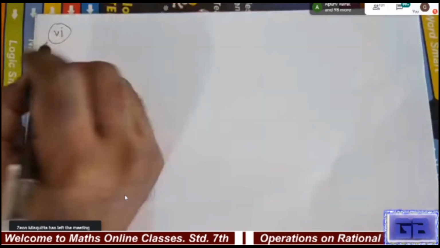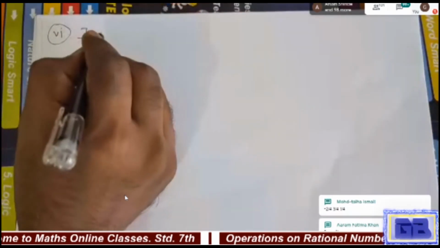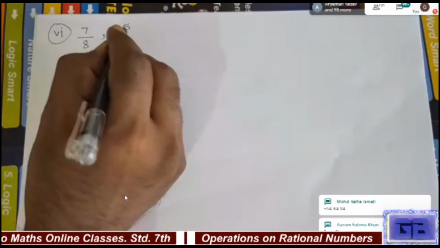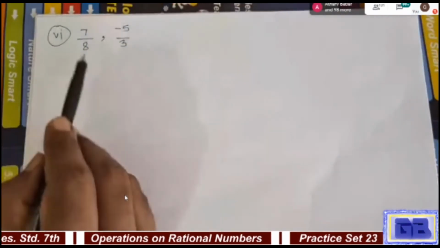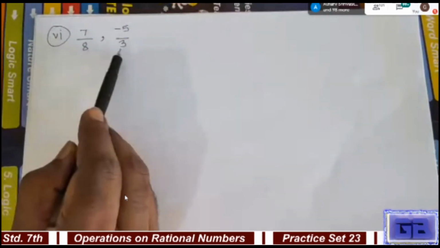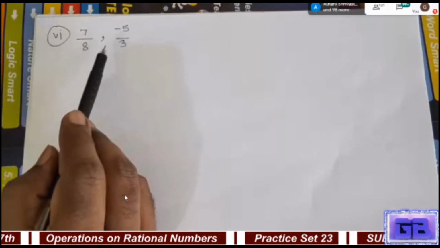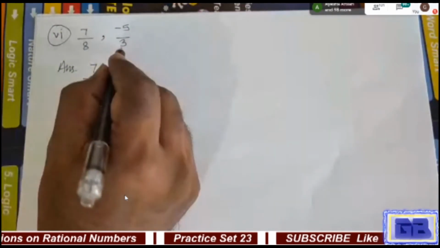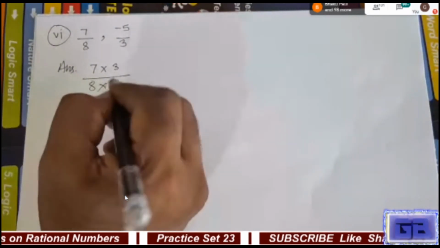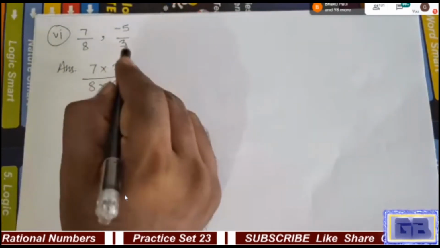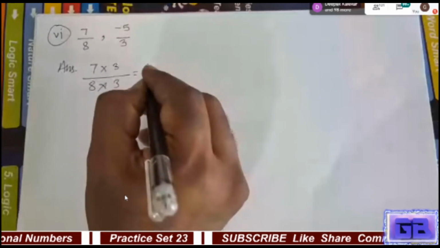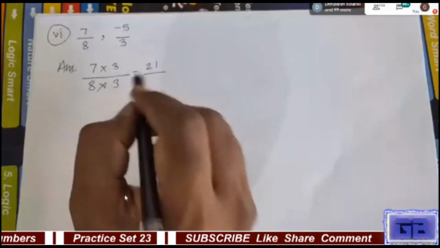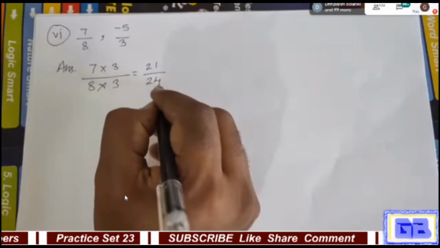Out of these, any integers you can write at the place of numerator. Write down sixth sum, 7 upon 8, comma negative 5 upon 3. As denominators are different, we will make them equal. Take the first fraction down, 7 by 8, multiply with 3, which is the denominator of the second fraction. 7 times 3 is 21, 8 times 3 is 24.